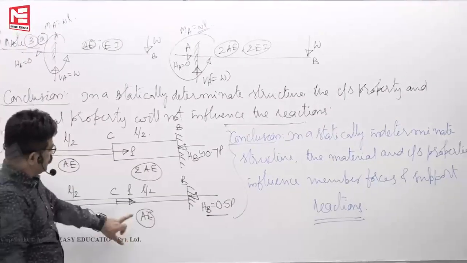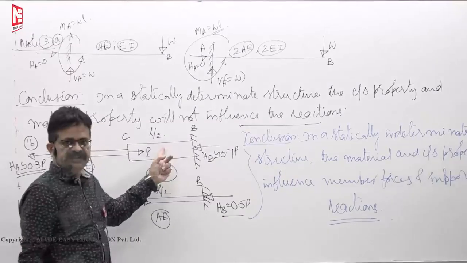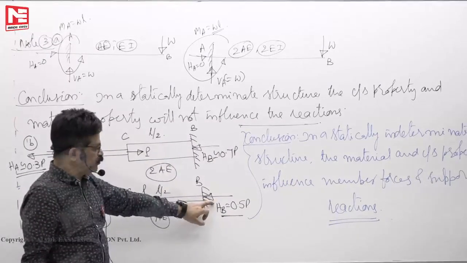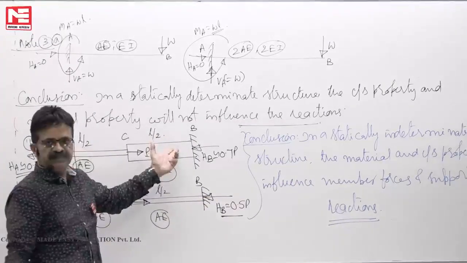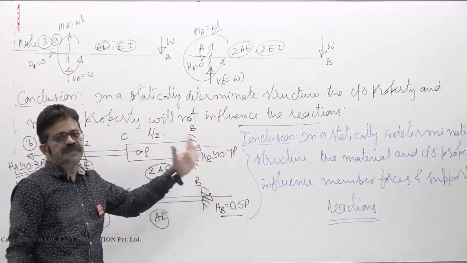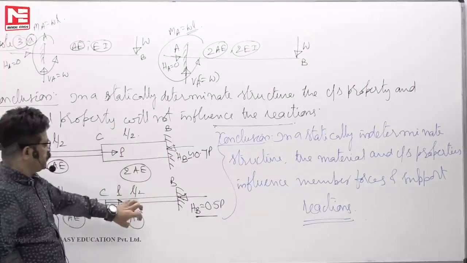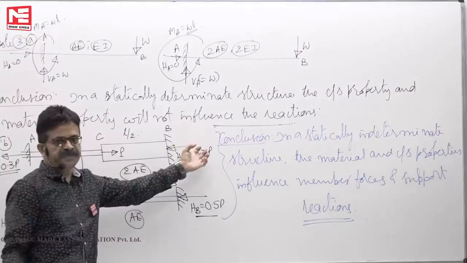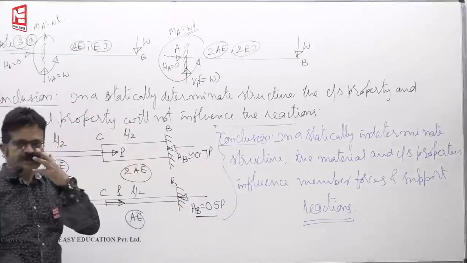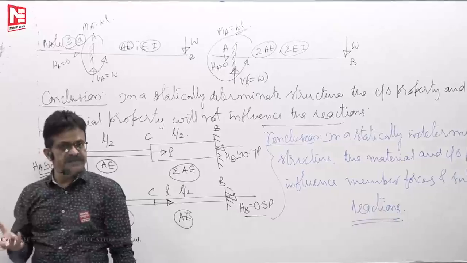Now you see, this is AE, this is 2AE. You doubled the axial rigidity, but the force is not doubled. 0.5 P slightly increased to 0.7 P, but it did not become P. Linear variation won't be there. This is doubled, so this also will not be doubled. Slightly it will increase. So is the case in indeterminate trusses.